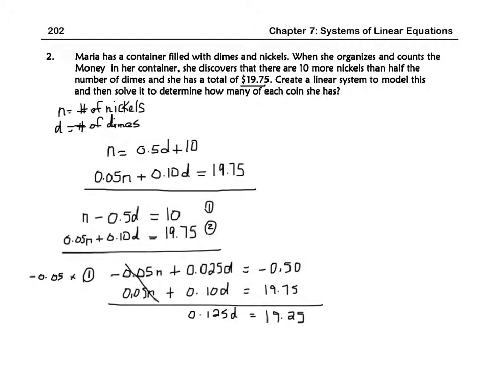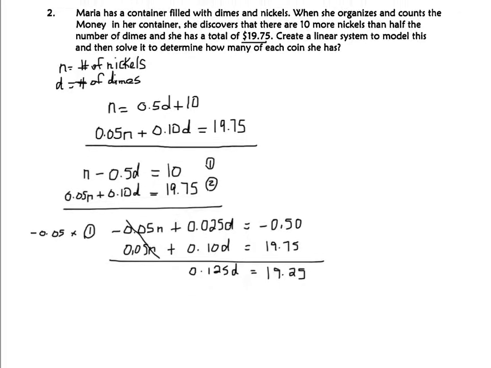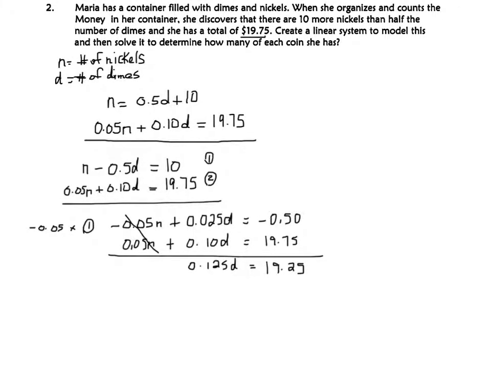And then I want to get the d by itself, so I'm going to divide both sides by 0.125. And that's going to give me 154 for the value of d.